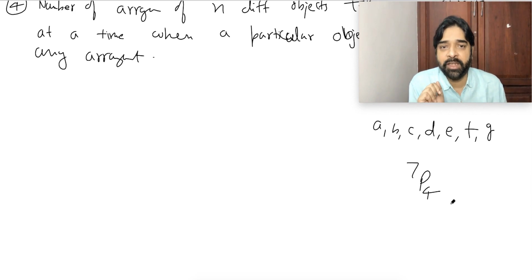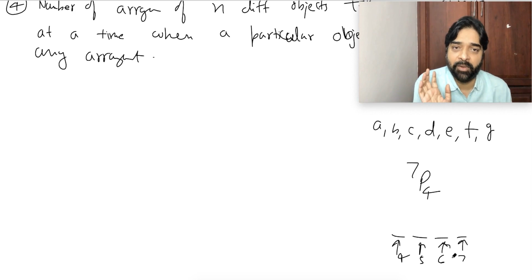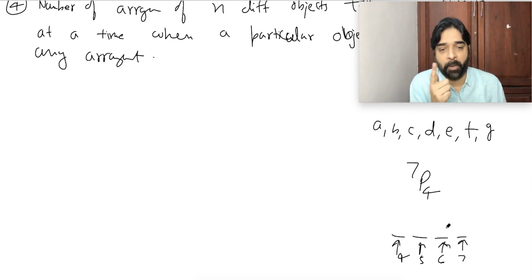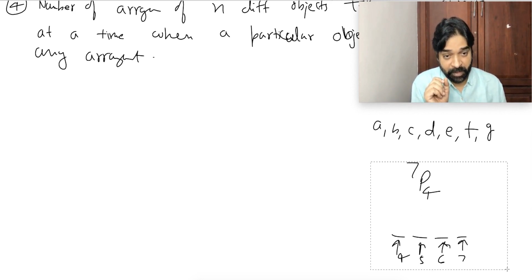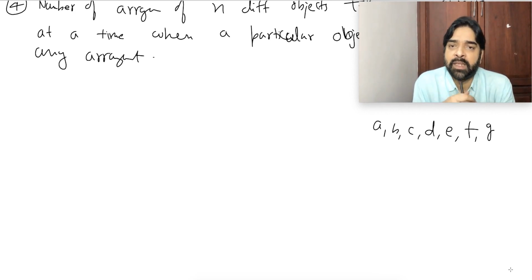No restriction. The direct answer. Our basic method, which is more reliable, 7, 6, 5, 4. Both are the same thing, no difference. Okay. If I say how many 4-letter words can be formed if the letter A should not come in any word.